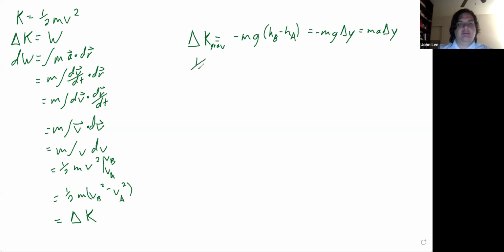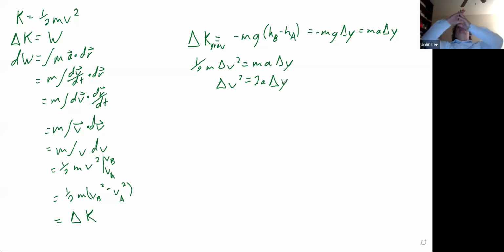So 1/2 m delta v squared equals ma delta y. So delta v squared equals 2a delta y.